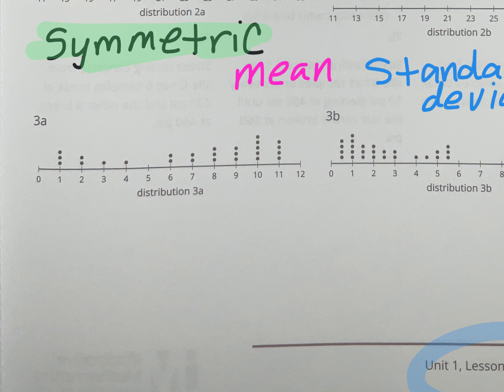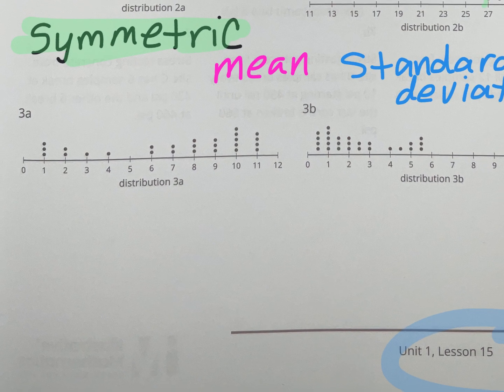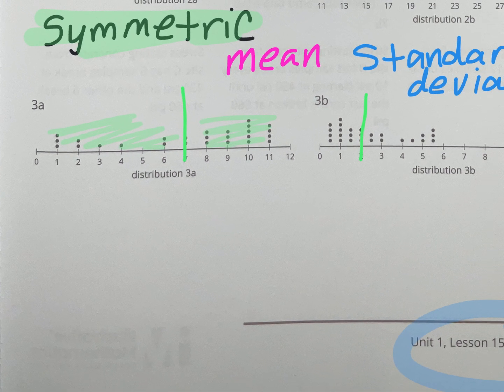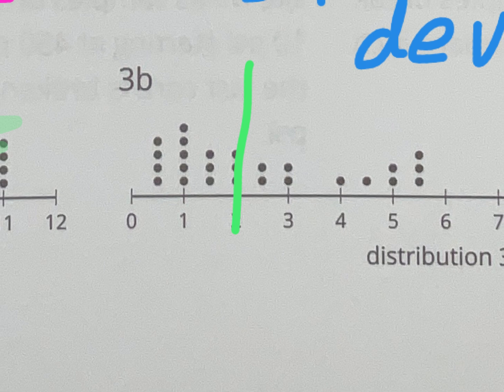Now pause the video, try your answer for number 3, and restart the video when you're ready to check your answer. So in A, if we look at the middle, we can see that it's not symmetric on both sides. It does not look the same on either side. And if you look at 3B, these also don't look the same on either side.